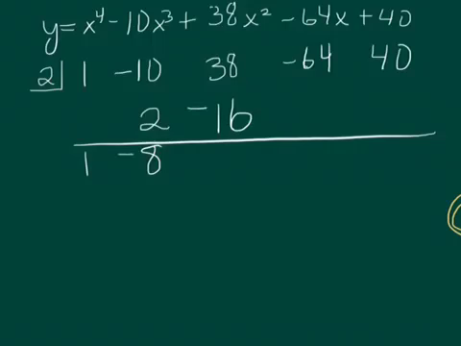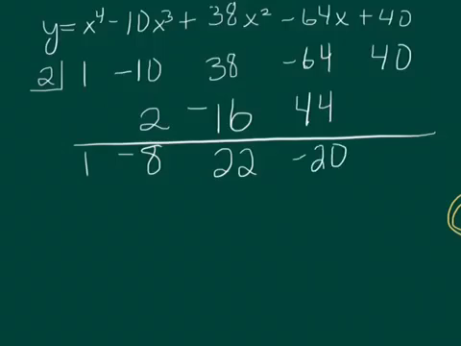Now, when I add 38 and negative 16, I get 22. When I multiply 2 times 22, I get 44. When I add 64 and 44, I get negative 20.